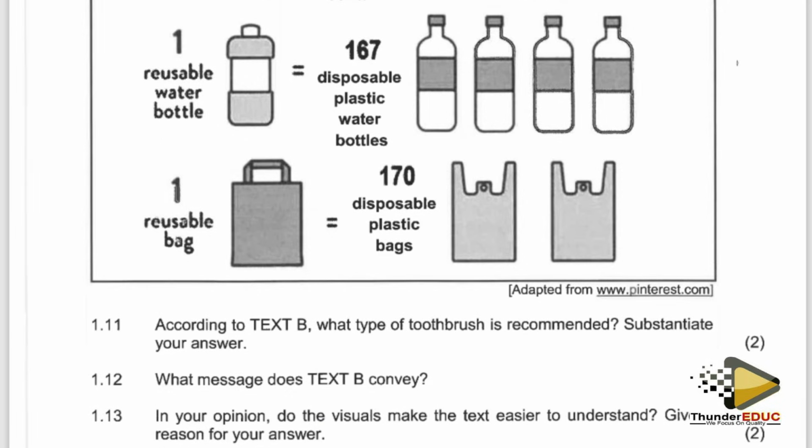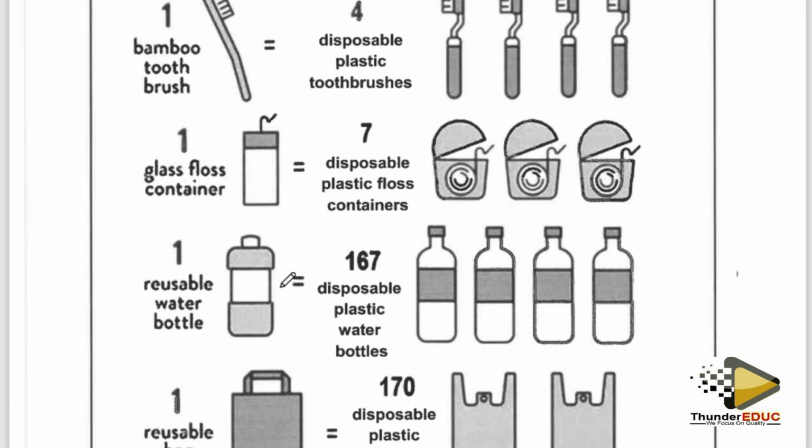That is the interpretation of your text B. According to text B is your first question under that text. What type of toothbrush is recommended? Substantiate your answer.